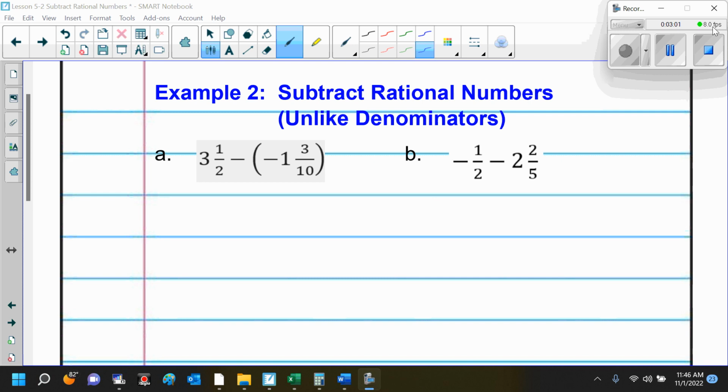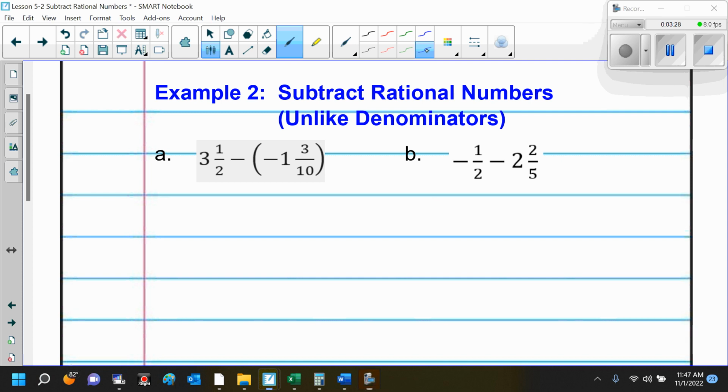Example 2 is subtract rational numbers with unlike denominators. Now, you guys, for this, the steps are the same as what we did yesterday, okay? So the first thing we want to do is we want to change the mixed numbers to what? Improper fractions. We want to change them to improper fractions.